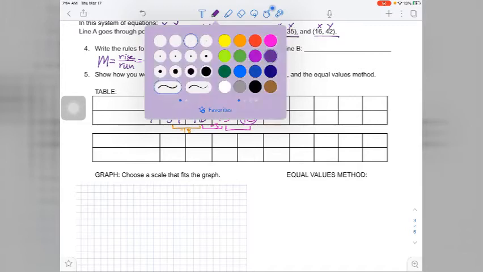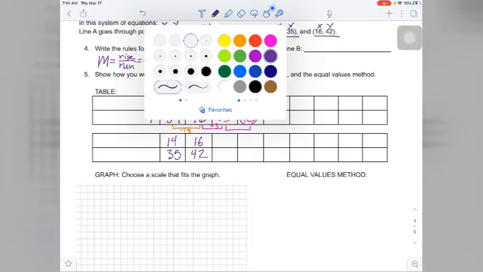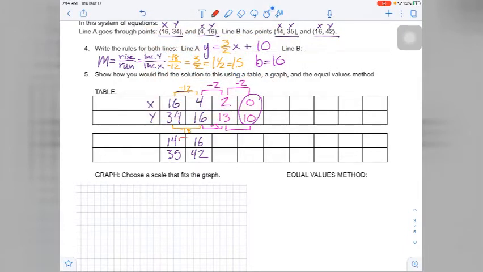For my second rule, I have 14 and 35 and 16 and 42. I can see here that when x is increasing by 2, y is increasing by 7.